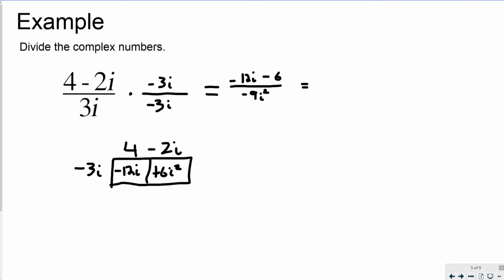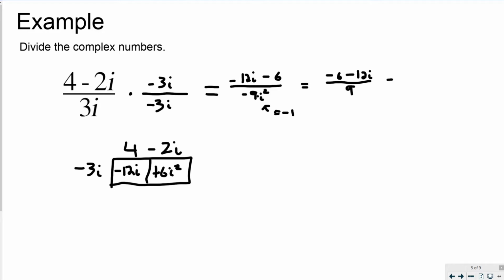I can simplify the top to have negative 6 minus 12i, all over, on the bottom, negative 9, and then the i squared here equals negative 1. So really it's negative 9 times negative 1, or positive 9. And then all three of these numbers, negative 6, negative 12, and 9, so both numbers on the top, not just one, but both, and 9 are all divisible by 3.